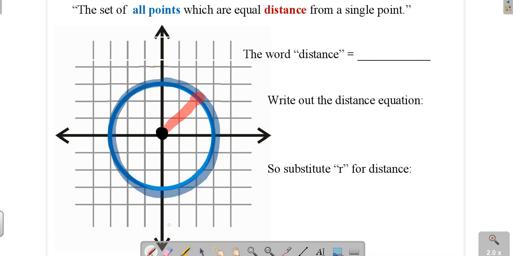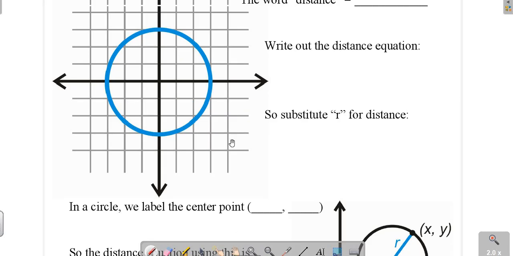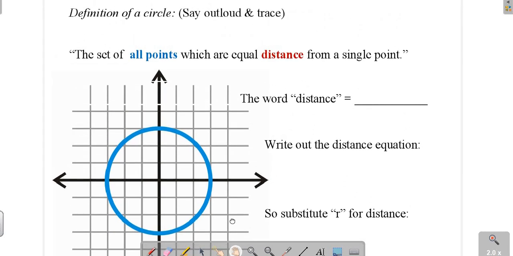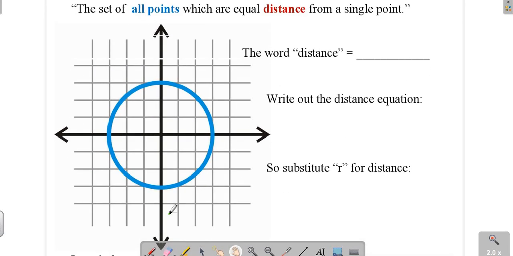I'd like you to trace and say at the same time. This is very, very important. A circle is. Ready? Trace and say. A circle is the set of all points which are equal distance from a single point.